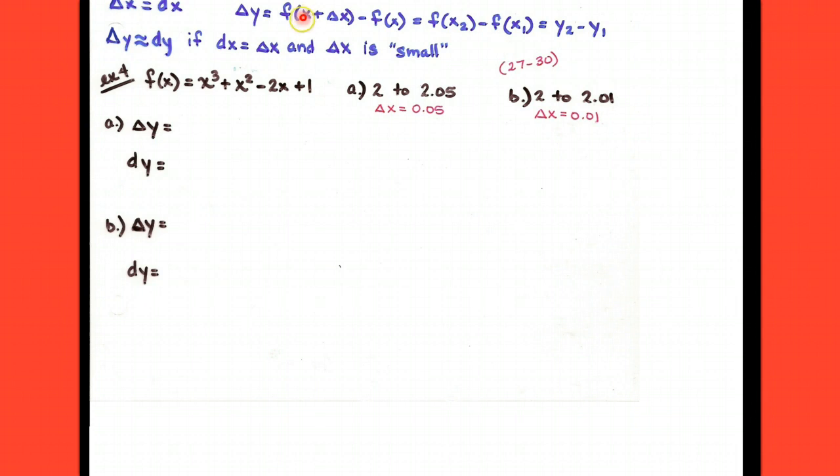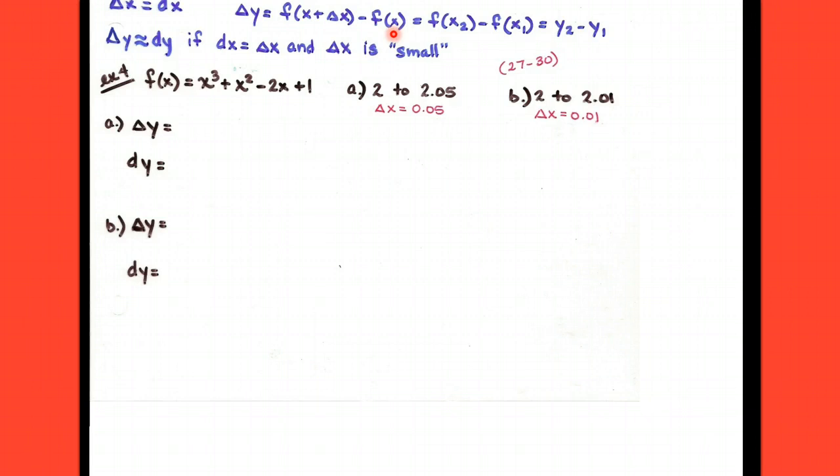That means that if I'm starting at one x value and changing my x to get to a second x value, I could also think of this as the starting value plus the change in x to get to my second x value, that f of x sub 2, minus my starting x value, f of x sub 1. So they've gone through here and just defined it for us in several different ways to help it click for us.